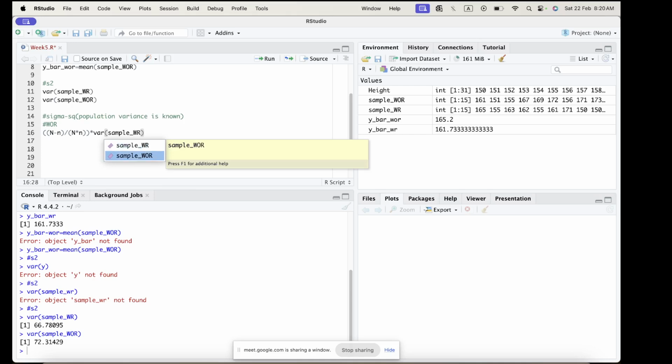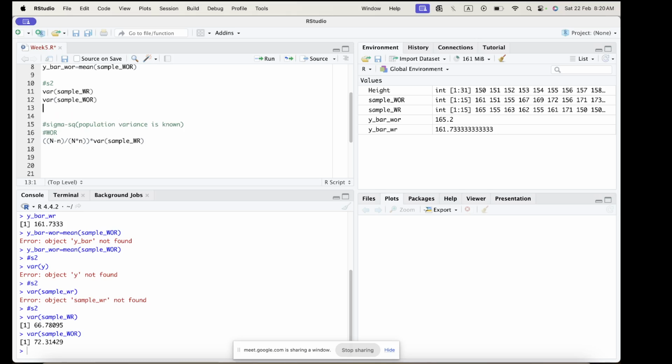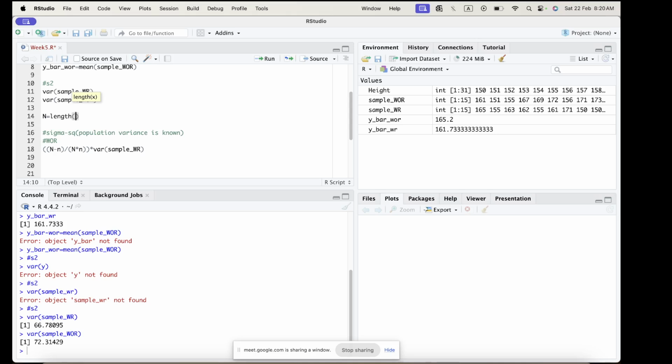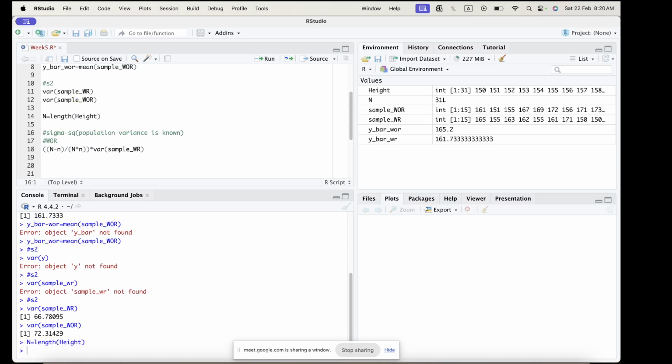And what is the value of capital N and n? Capital N is how many elements are there in the population. So it would be the length of height. If I give that here, then I'll get 31. So there are 31 elements in this array, and capital N is 31.